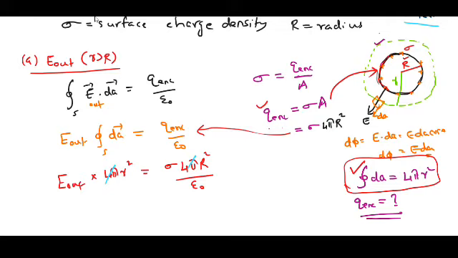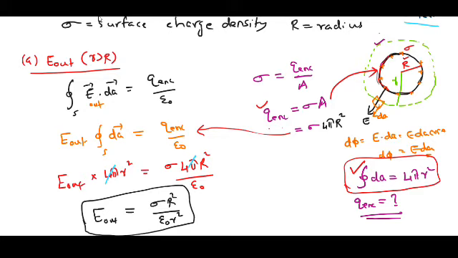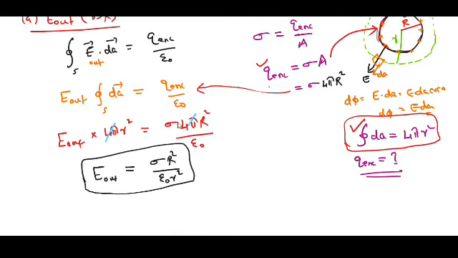Then the electric field outside the uniformly charged spherical shell is given by E out is equal to sigma R square divided by epsilon 0 r square. This is the electric field outside the sphere. In vector notation, this is along r cap, the electric field oriented radially outward, and E out is proportional to 1 by r square.